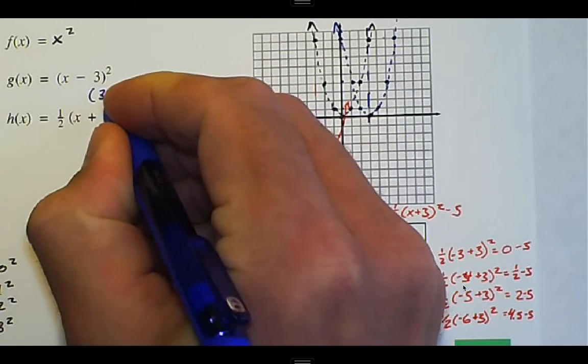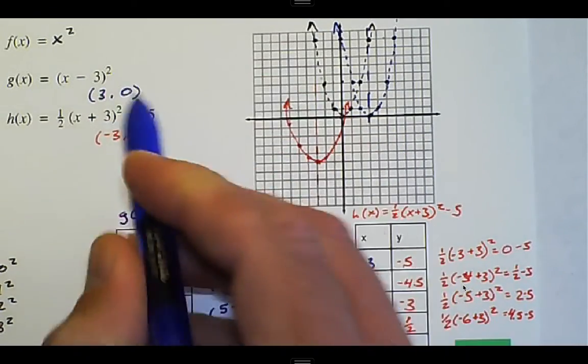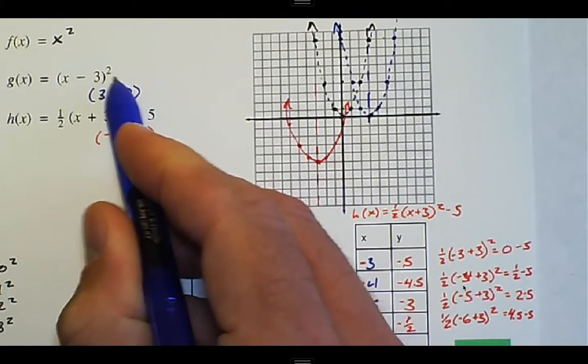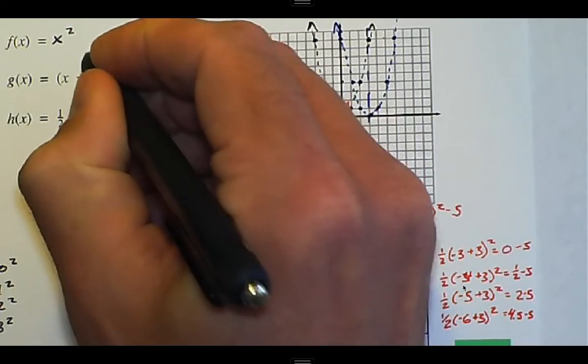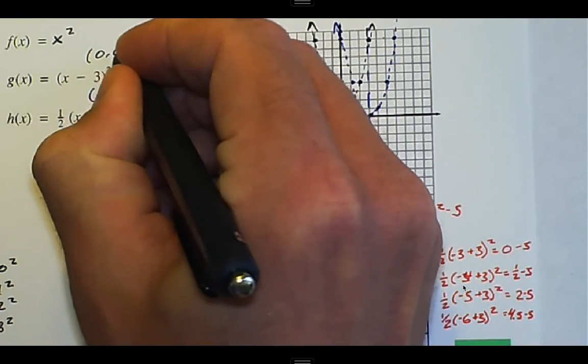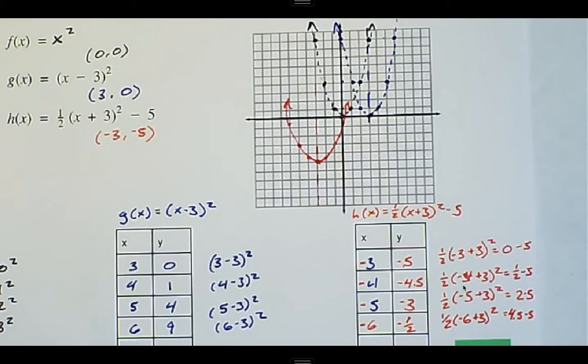And if we notice, there's no k value, so really that's like adding 0 there. And for the parent function, the vertex is 0, 0. So when we're working with the vertex form of the quadratic function, it's really important to know where the vertex is.